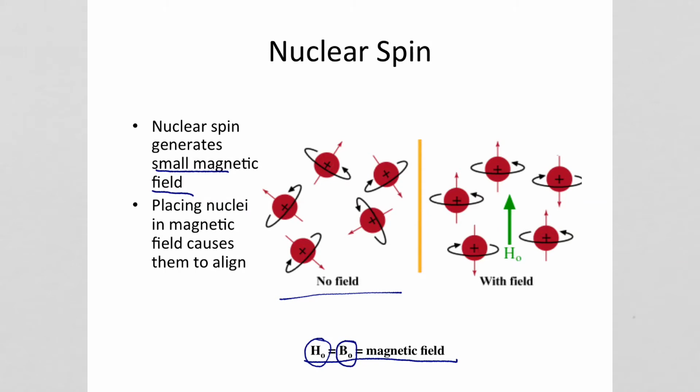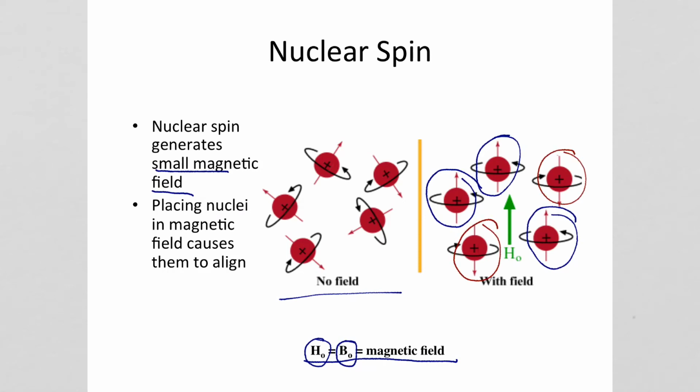Most of the nuclei line up in a lower energy state, aligned with the field. Some of the nuclei will line up in a higher energy state, meaning they're aligned against the magnetic field.